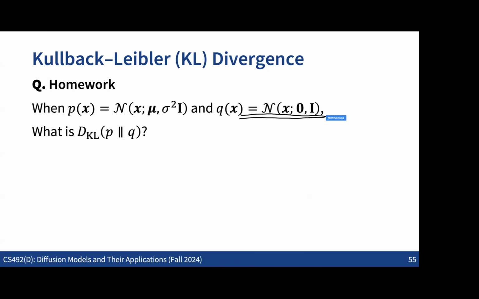If we measure the KL divergence from P to Q, what should the quantity be? You can check this out. We are not going into the details because of the lack of time, but I strongly recommend you try to solve this problem yourself. You can easily find the answer on the internet, or ask ChatGPT, but I recommend you try to solve it yourself.